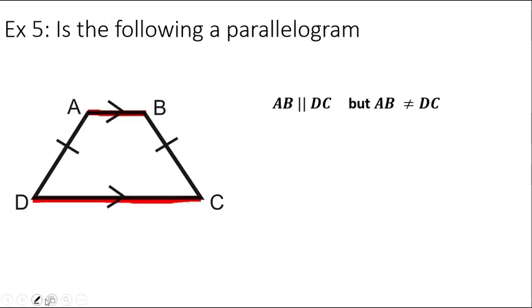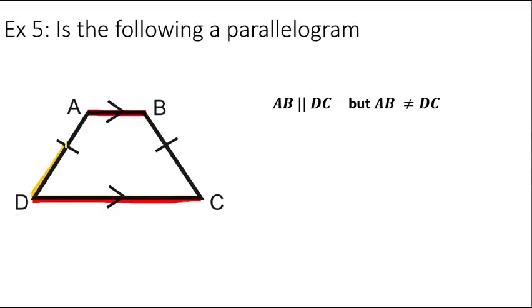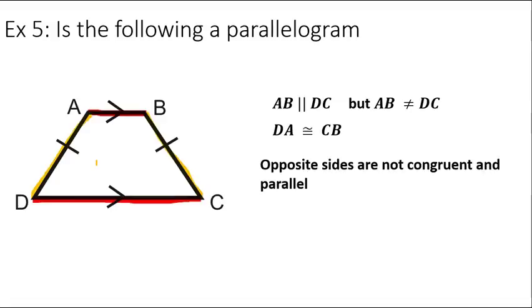Now they give you some other information over here. Look at DA and BC. That one mark means that they're congruent, but there's no arrow mark there, which means they're not parallel to each other.